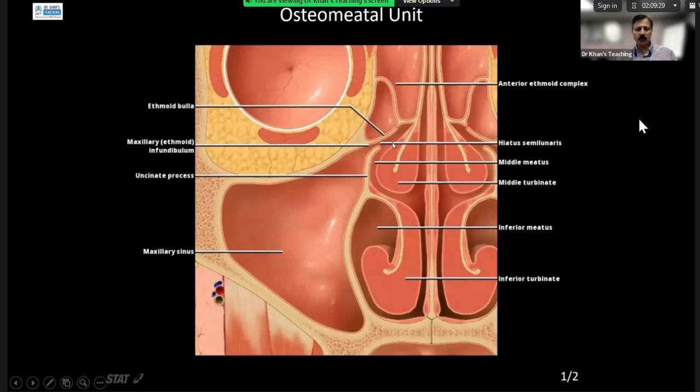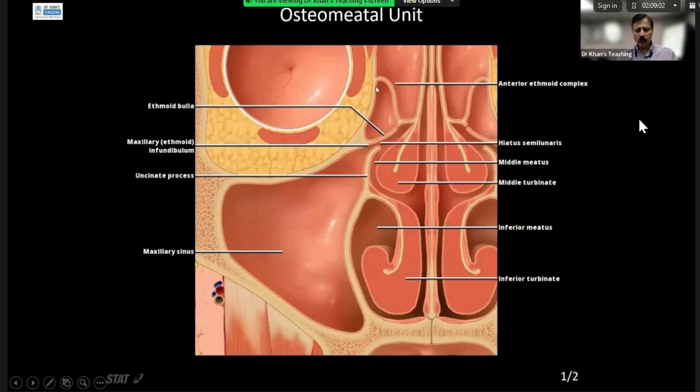So I will tell you what is an osteomeatal unit or osteomeatal complex. The ENT surgeons want us to tell them the anatomy there, and that is why they will ask you in the exam. And if they want to do surgery, what they do is they actually remove this uncinate process so that the drainage pathway becomes more spacious.